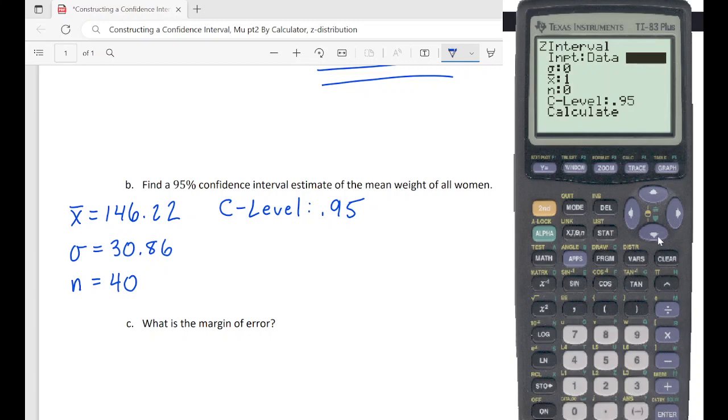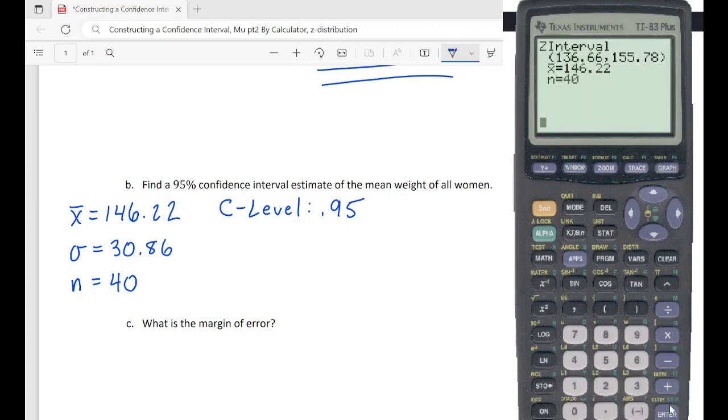So we're going to hit Enter, and it's going to prompt us for the information. So we're going to put our stuff into statistics, and sigma here is going to be 30.86. Our x bar is going to be 146.22. Our n is going to be 40. And our confidence level is 95, so it's already there, so we just leave it alone.